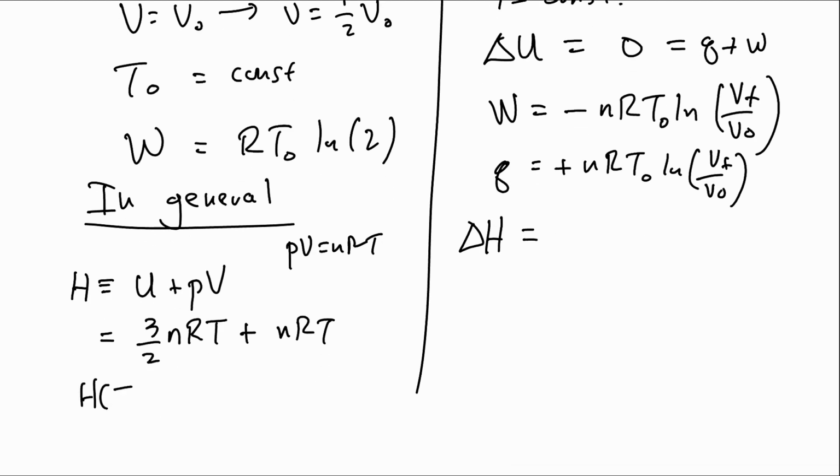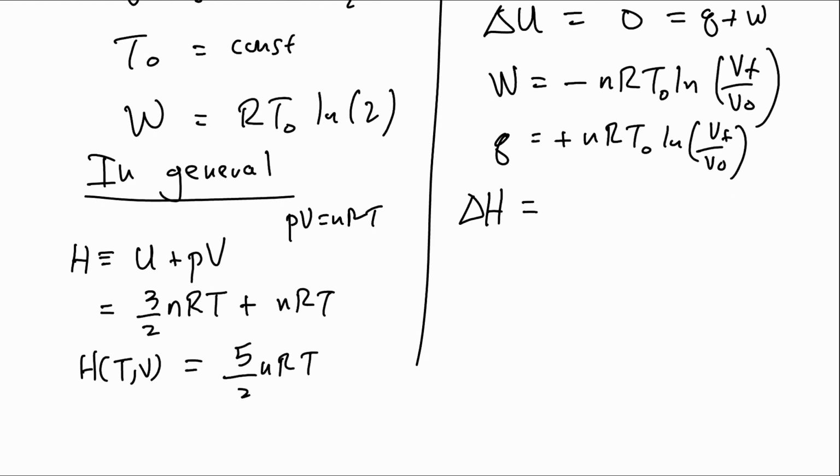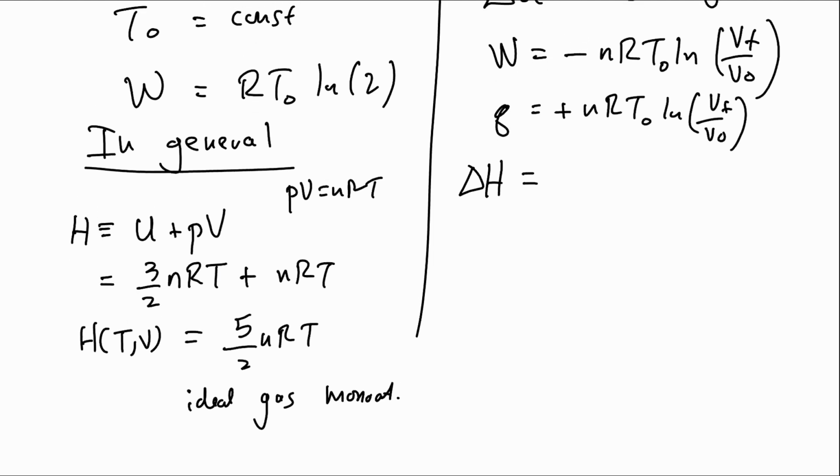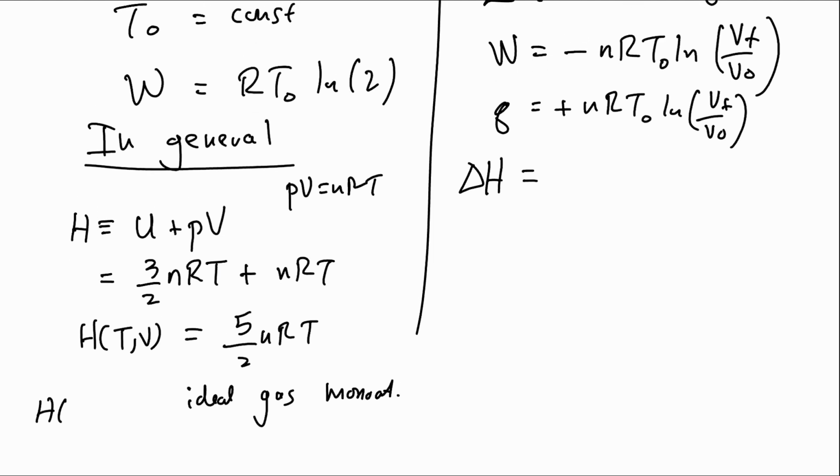And so H is a function of T and V, but it's equal to 5/2 nRT for the ideal gas, monoatomic. It's confusing. That 5/2 is a coincidence, because that would be U for the diatomic, but for the monoatomic, U is 3/2, and I've added RT to it. And so H is a function of only temperature. For the ideal gas, not only does U only depend on temperature, but H only depends on temperature.